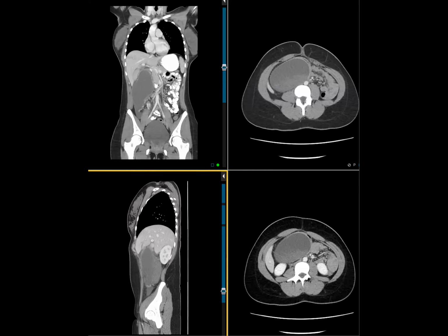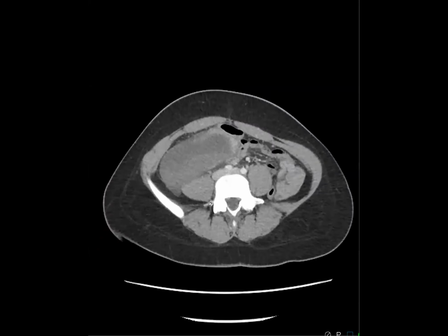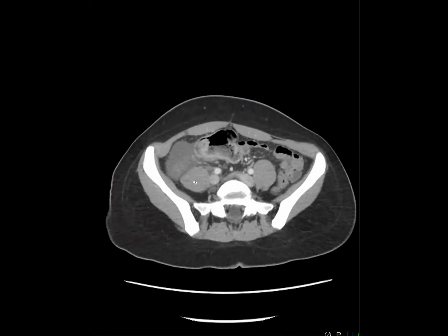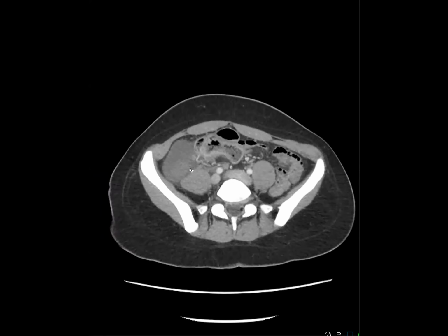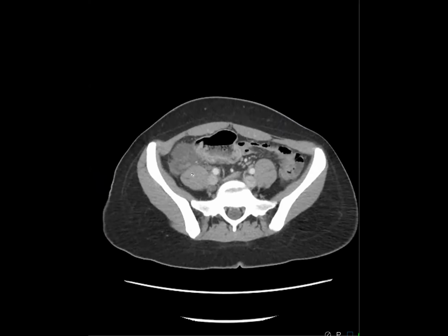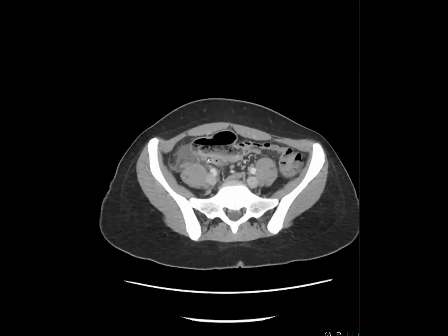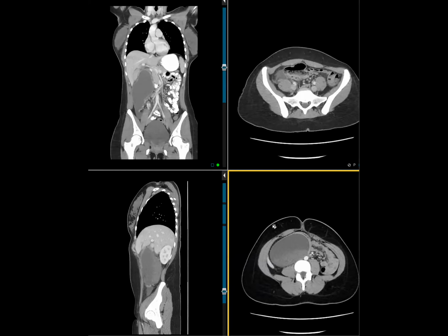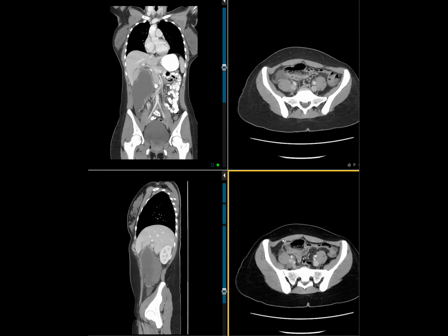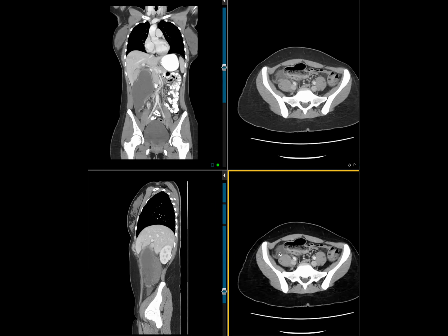Did you see a separate appendix? Oh yeah, that's a very good thought. Let's see, I think we see an appendix here. I think it is better seen on the other image. Let's go down. Yeah, it's somewhere here.